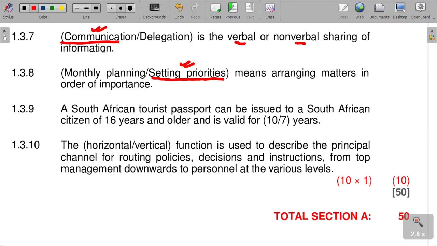Number 9, a South African tourist passport can be issued to a South African citizen of 16 years and older and is valid for 10 years.